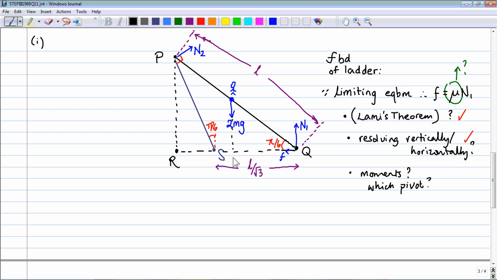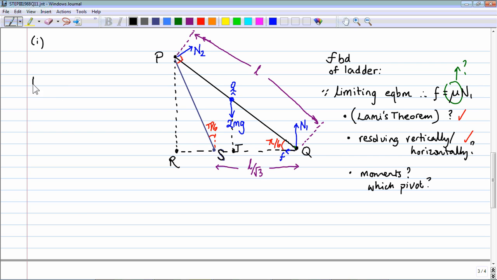Yes, I'm going to give that point the name T. And that point was S there. Basically the moment due to 2mg around Q is TQ times 2mg, so that's pretty easy. But it's a little bit more annoying calculating the moment due to N2. It certainly can be done, and that's fine. But I'm going to do it a different way.